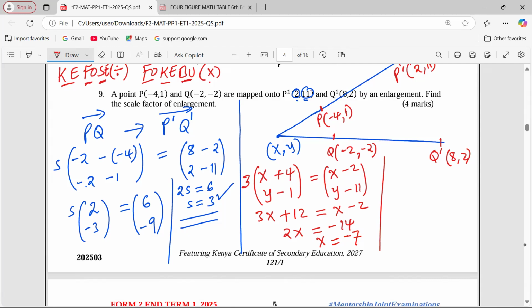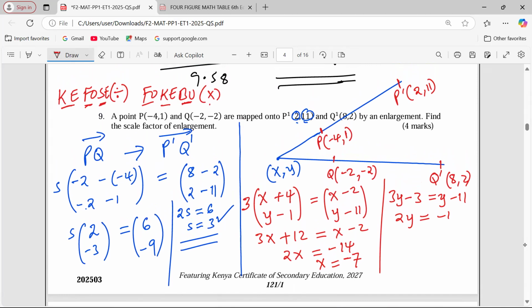Then for us to get y, we use the y components and say 3y minus 3 equals y minus 11. So grouping terms together, 2y shall be equal to the negative... Okay, let me check here. y minus 11 and y minus 1.